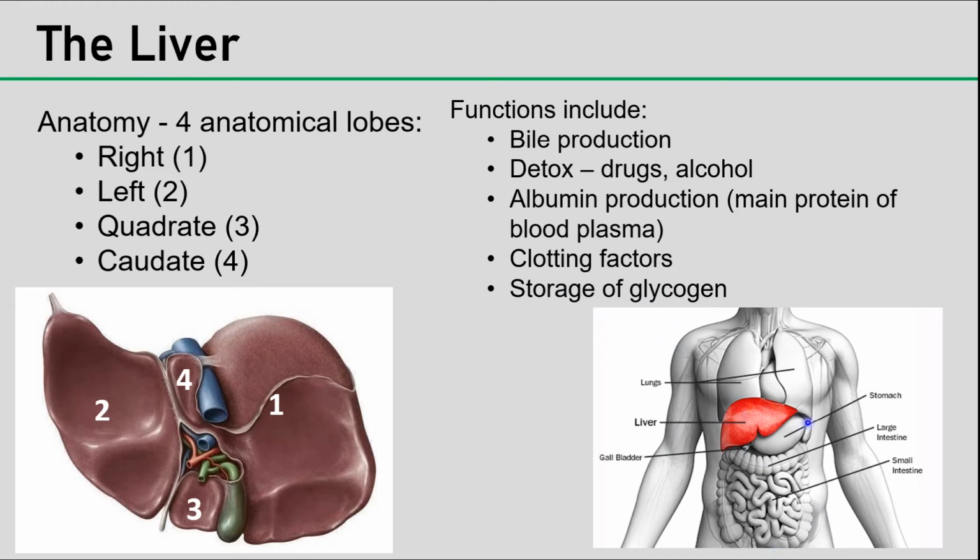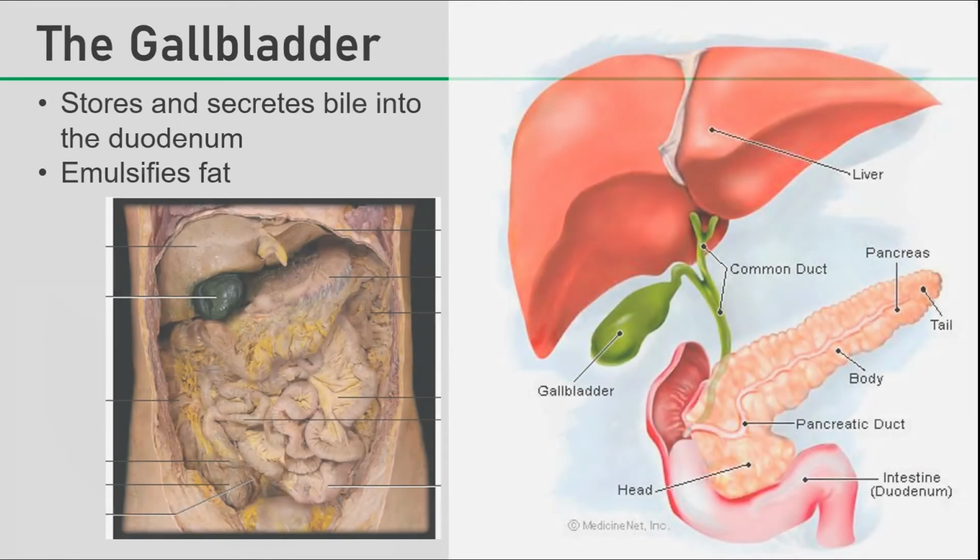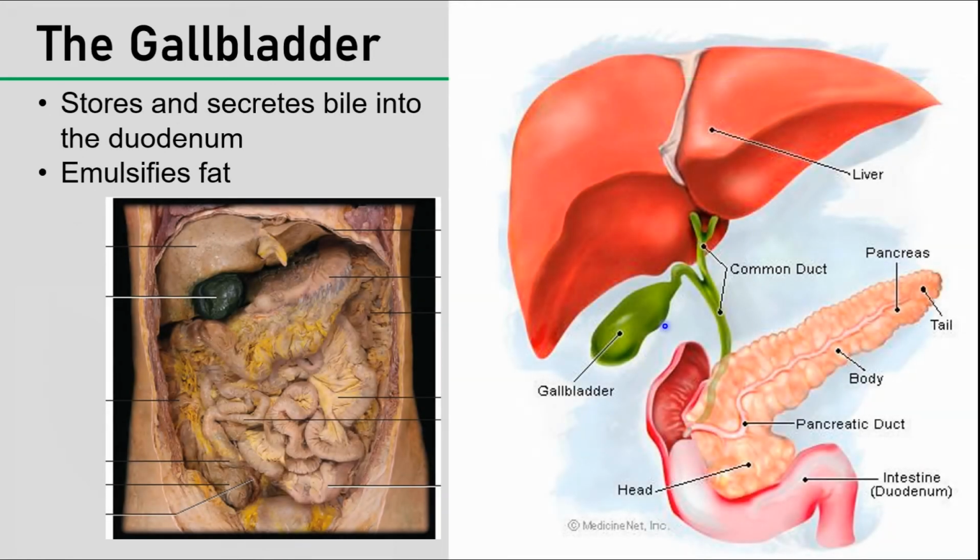Okay, so the liver is highly protected, enclosed in its space within the rib cage. But let's have a look at the gallbladder, which is the organ closely linked with the liver. The gallbladder is a little pear-shaped sac, and it stores the liver's bile. So the liver creates the bile. It leaves through the common duct and exits into the cystic duct of the gallbladder, which is here, and then sits in the gallbladder until it is needed.